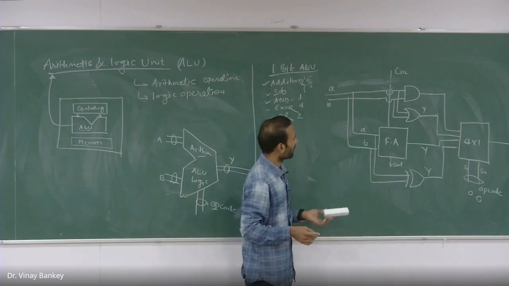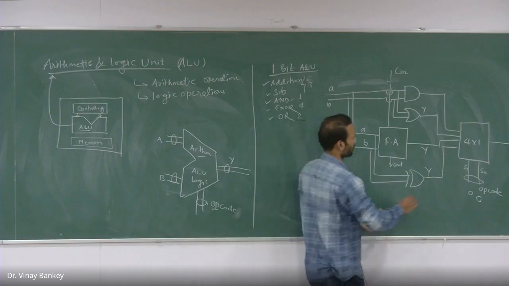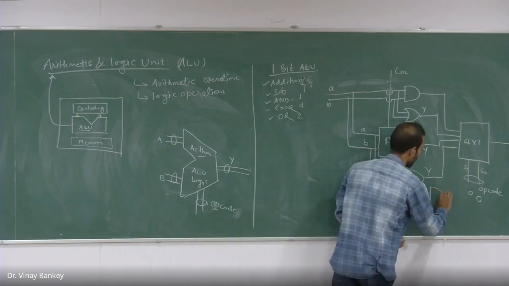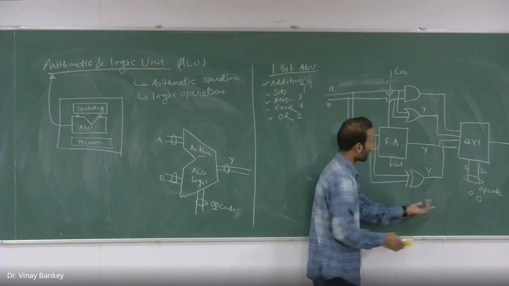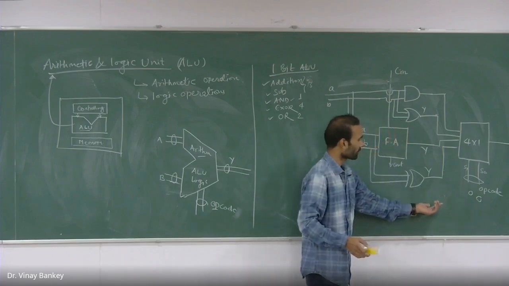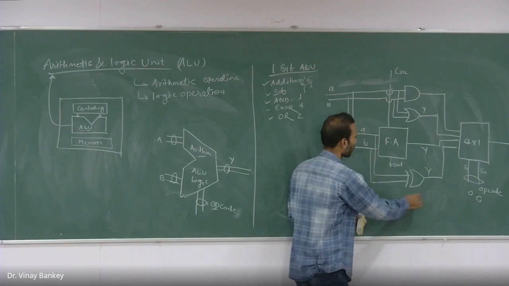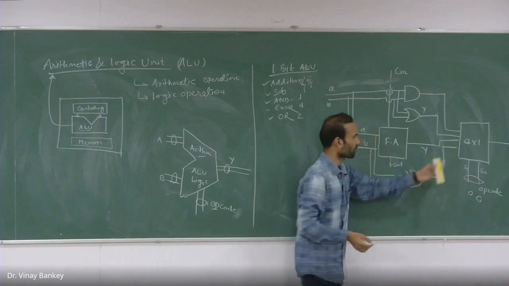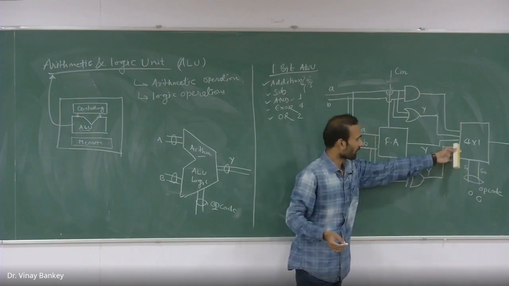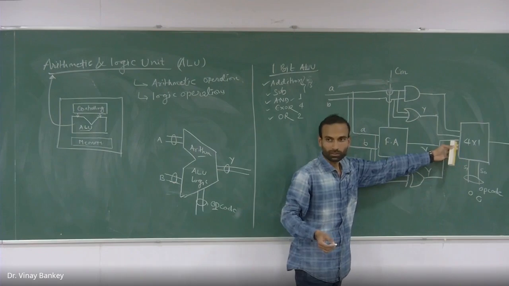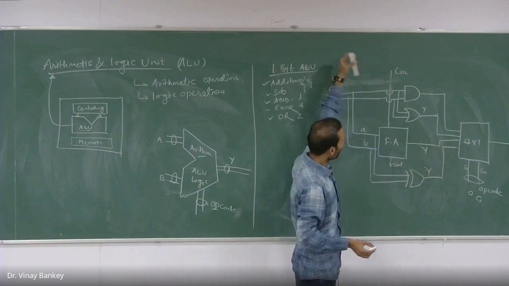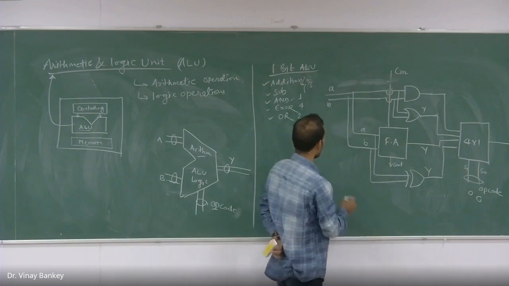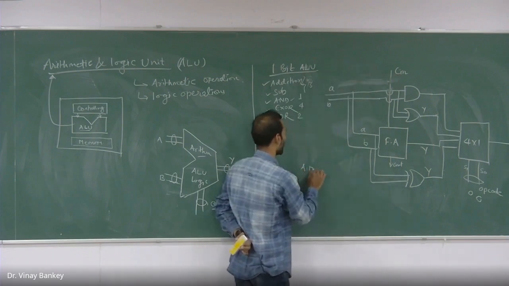What happens when I want a NAND gate also, NANDing operation or NOR operation between these two? I may require one NAND gate here, and I will connect the inputs A and B, and the output will be connected to the multiplexer. However, I need an 8x1 multiplexer instead of a 4x1 multiplexer. Or one thing I can do: what is the NAND operation?